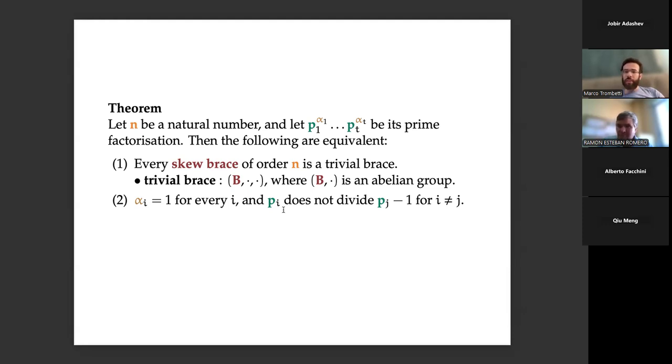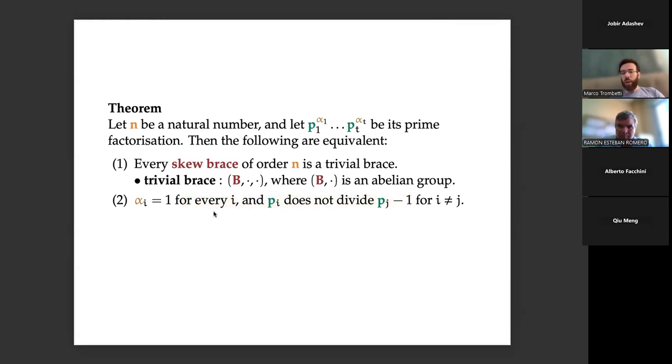Then those skew braces are precisely identified by this condition. You need all the exponents in your decomposition to be 1. And you also need an additional condition: any prime pi in this decomposition cannot divide any other prime in the same decomposition minus 1. This is precisely what this condition says.